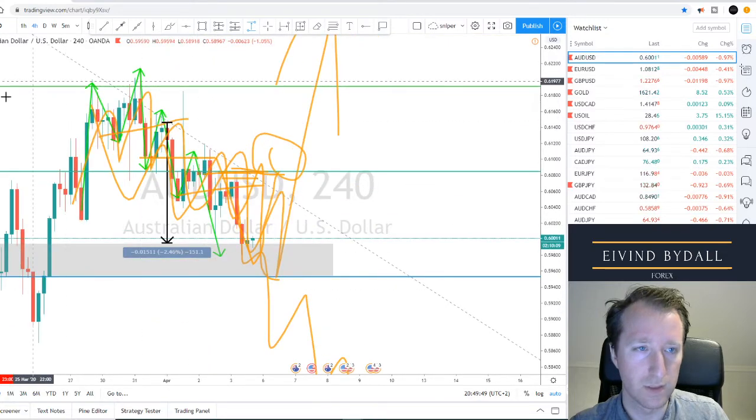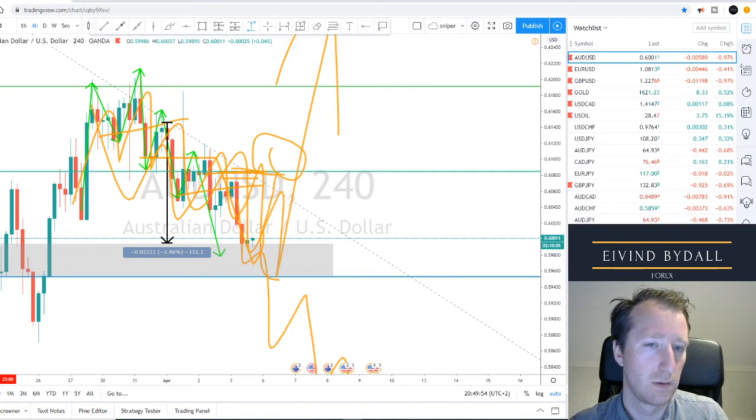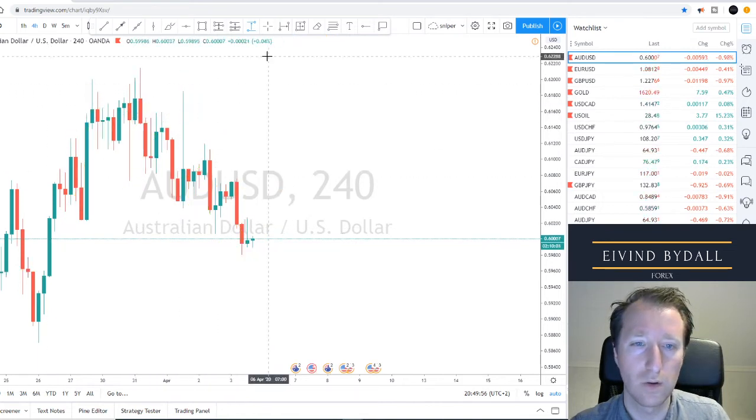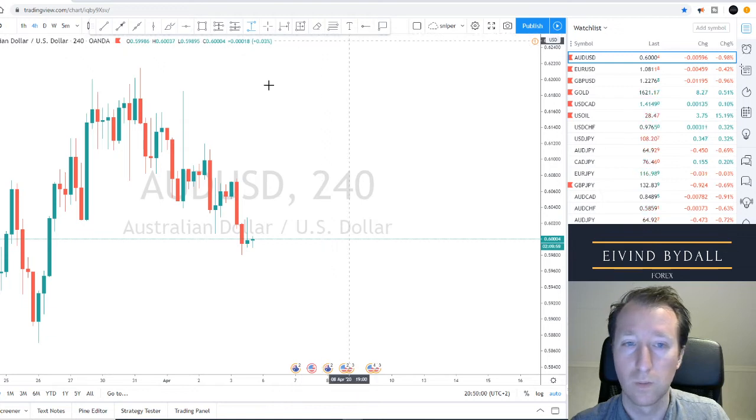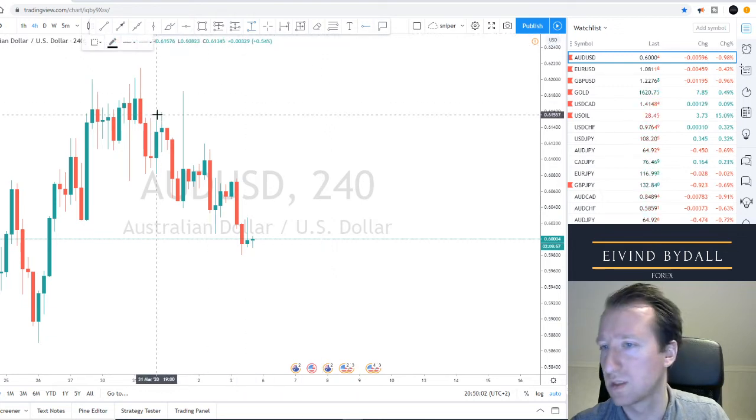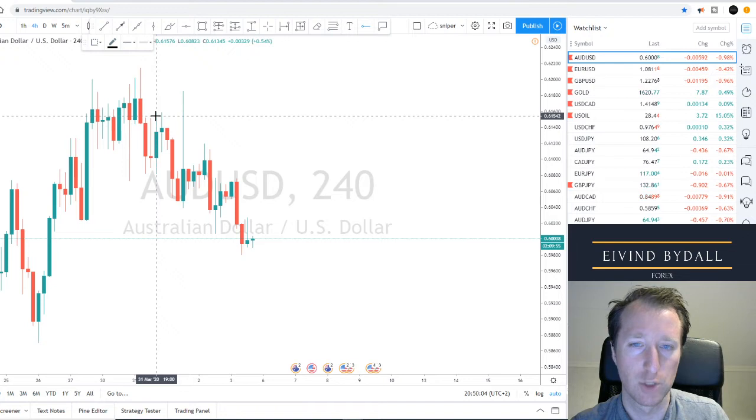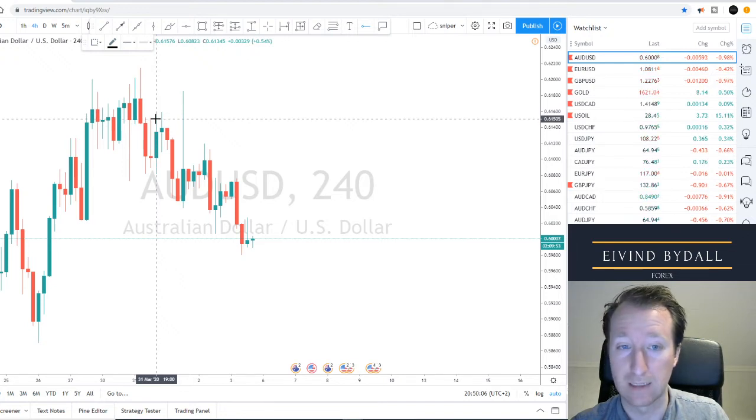Where was my entry on Aussie? My entry on Aussie was this high here, around 6150 flat. That was my entry.